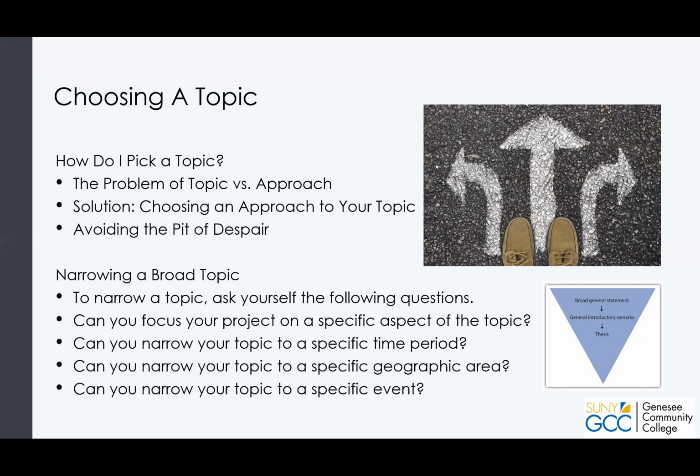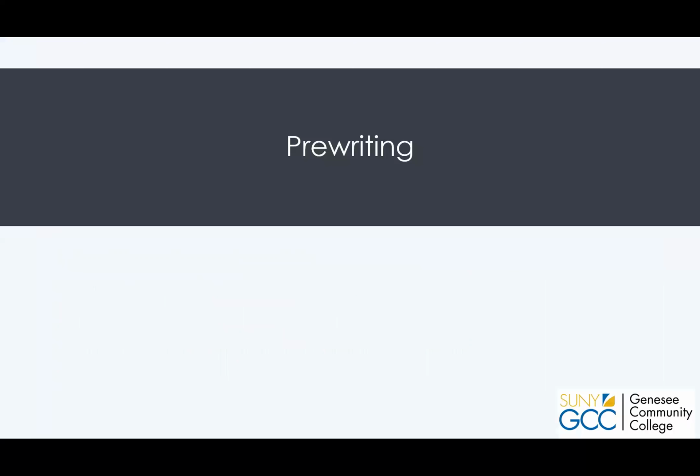The general introductory remarks are taking you slightly further down. So if I'm interested in new car technology, maybe I'm interested in these new smart cars that drive themselves. That's funneling it down even into a more narrow topic, which will get me to my thesis. All right, once we've selected a topic, we can move on to pre-writing.